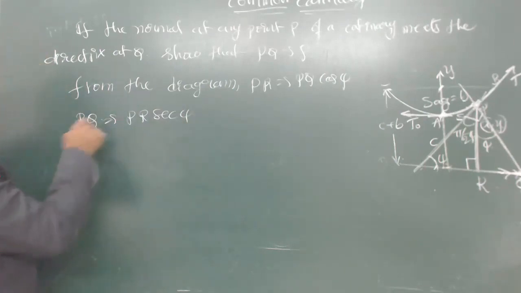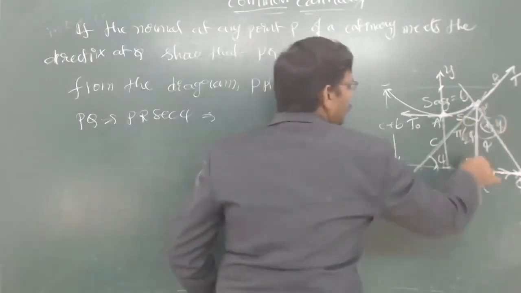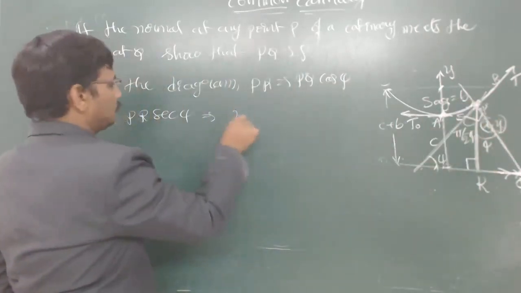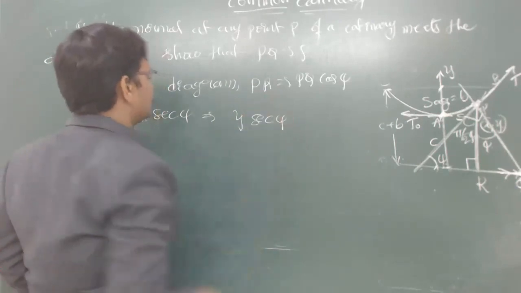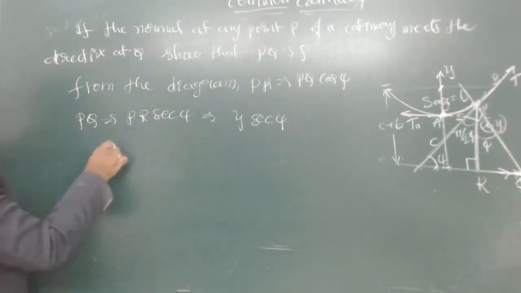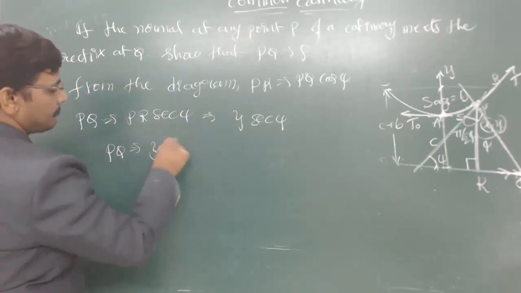PR is nothing but the ordinate value, so this is y times secant psi. So PQ is equal to y into secant psi.